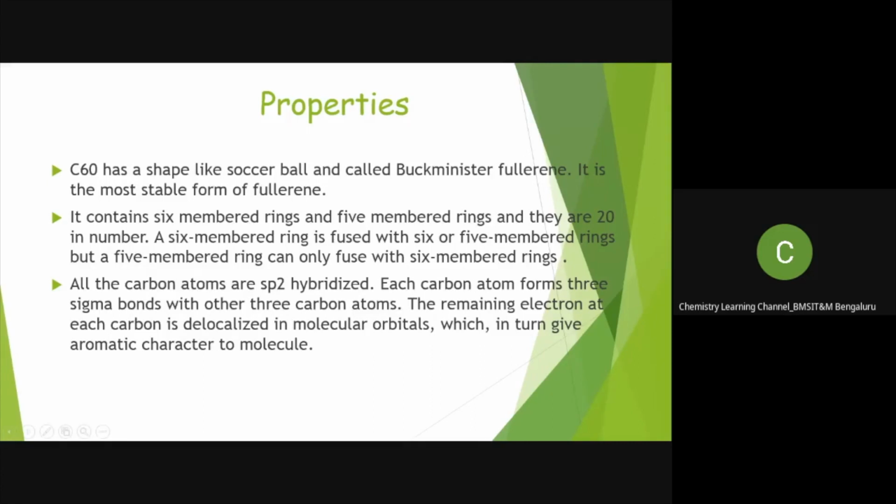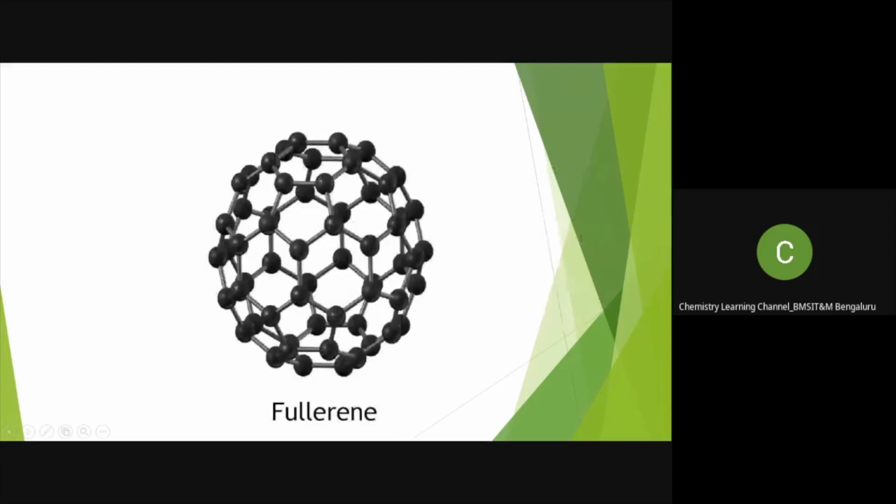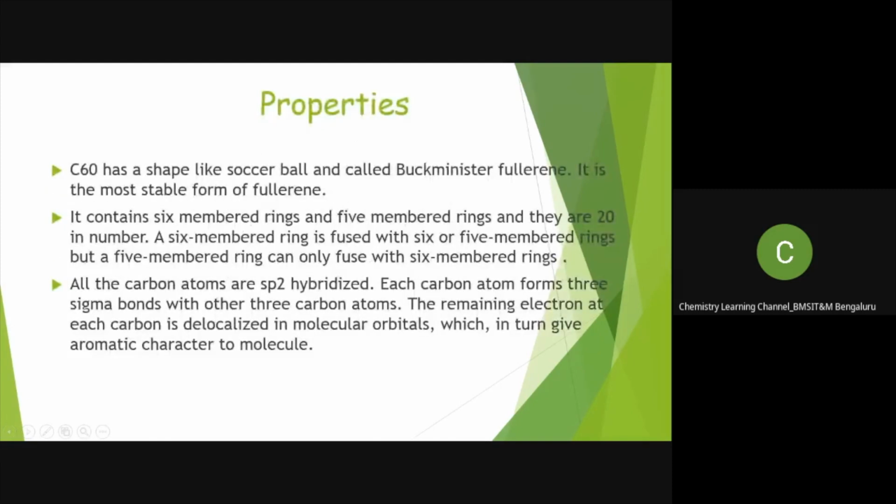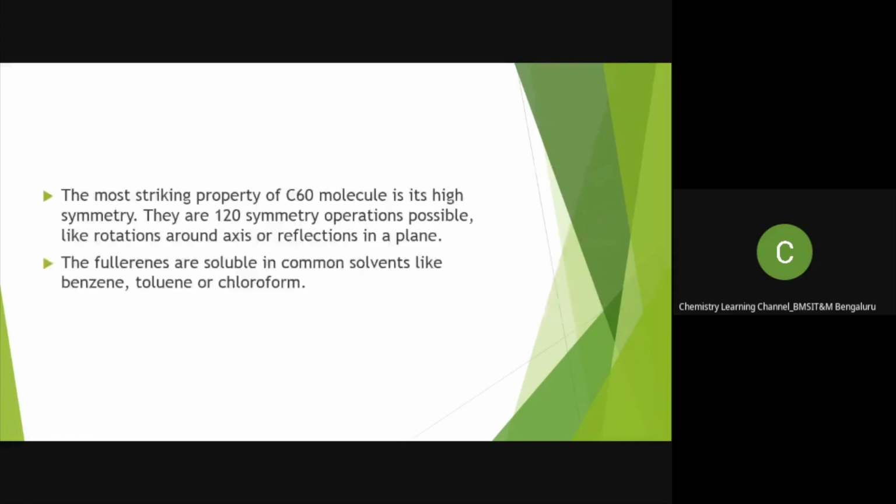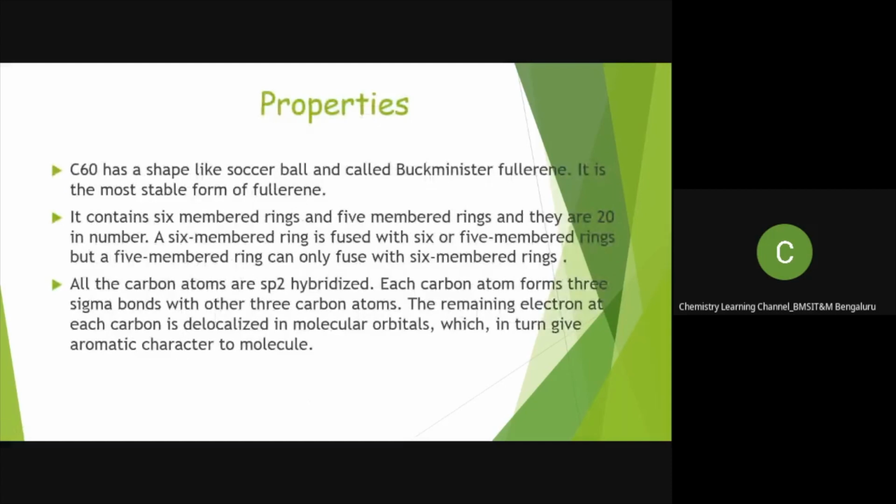fullerenes: it has a soccer ball shape like this, and it's called Buckminster fullerene, named after Buckminster Fuller, and it is the most stable form of fullerene. It contains 6-membered rings as well as 5-membered rings, and these are 20 in number.